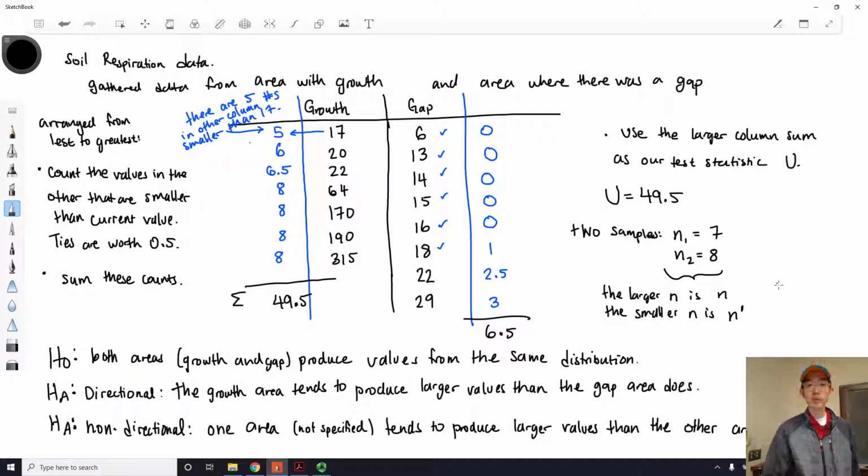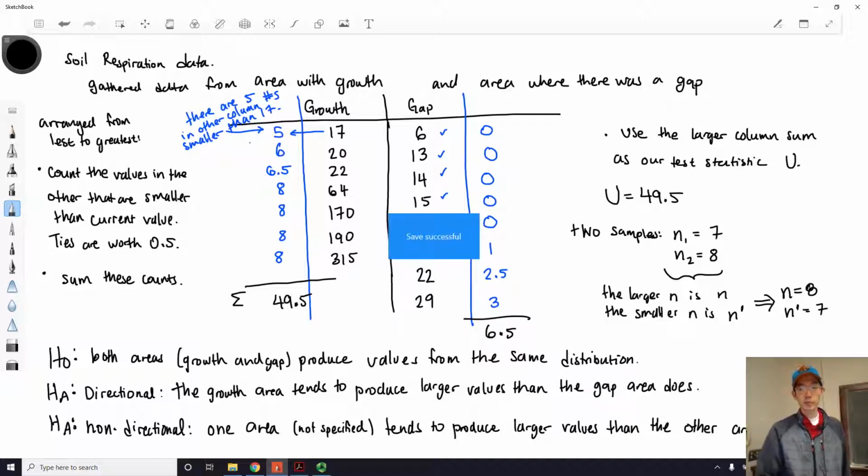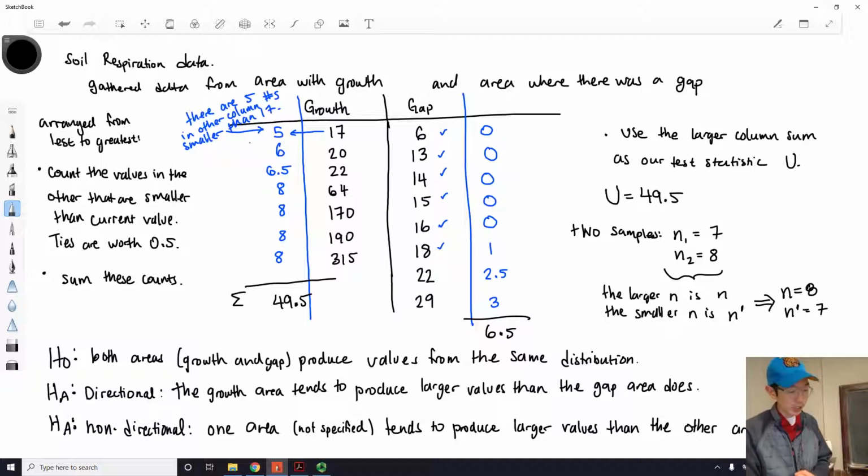Okay, so that means n is 8 and n prime is 7. So we're going to look up n 8, n prime 7, U 49.5. We're going to go to a table. There's a table specifically for the Wilcoxon-Mann-Whitney test.